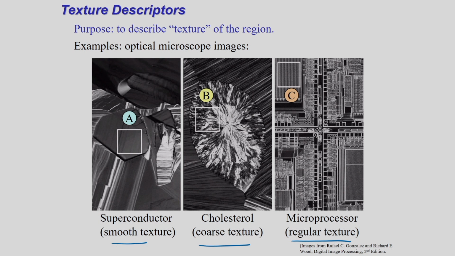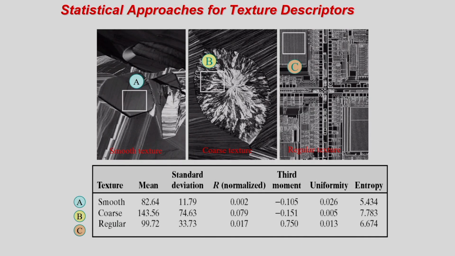Also I can determine the GLCM, the gray level co-occurrence matrix, and from this I can determine some quantities to represent the textures. So I can determine the statistical parameters like the mean, standard deviation, roughness factor, third moment, uniformity, entropy, and by using this I can represent different types of textures: the smooth textures, the coarse textures, and the regular textures.